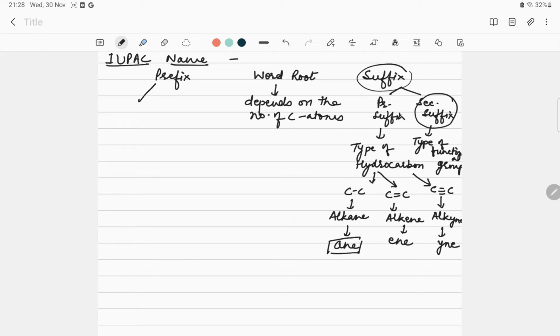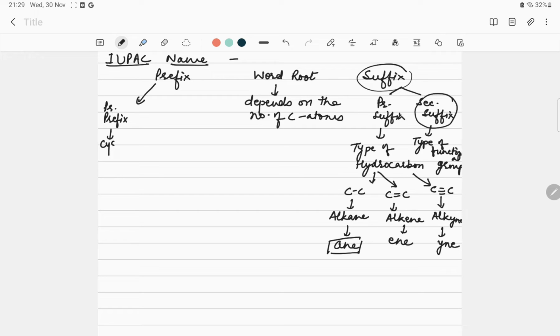Now, moving to the prefix. What about the prefix? As the name indicates, the prefix should be before the word root. Anything which comes before the word root is a prefix. Now, the prefix again can be of two types. It can be a primary prefix, or it can be a secondary prefix. Now, what about the primary prefix? The primary prefix depends upon whether the compound is cyclic or not.